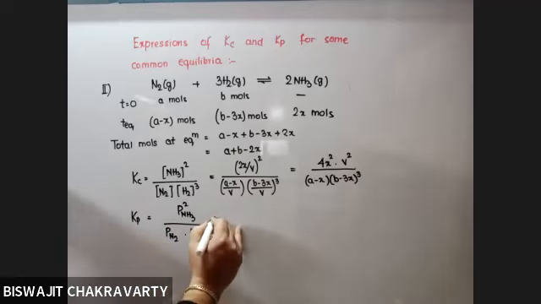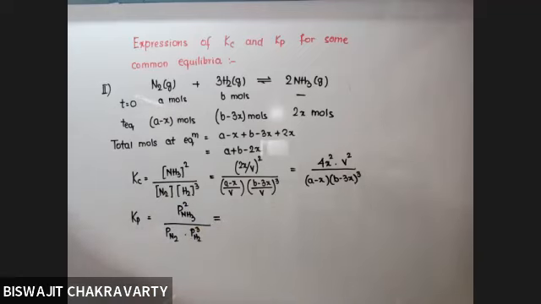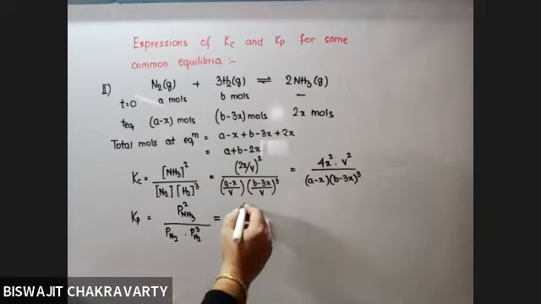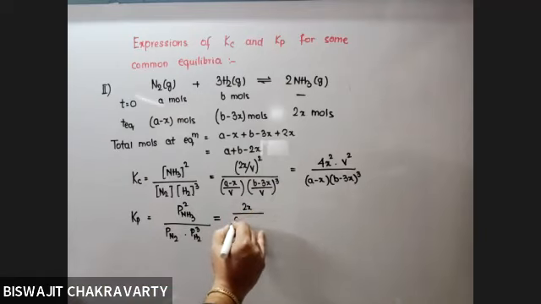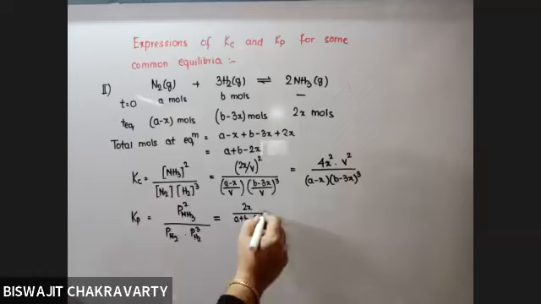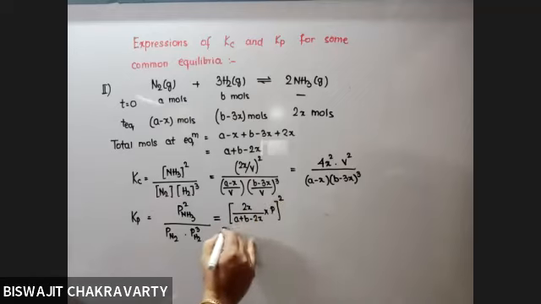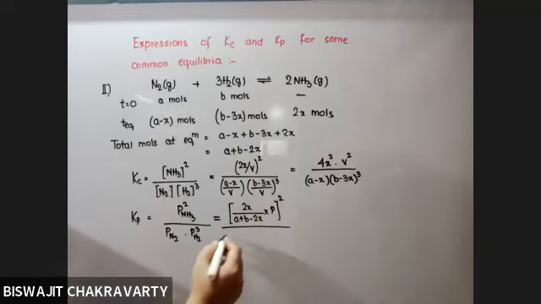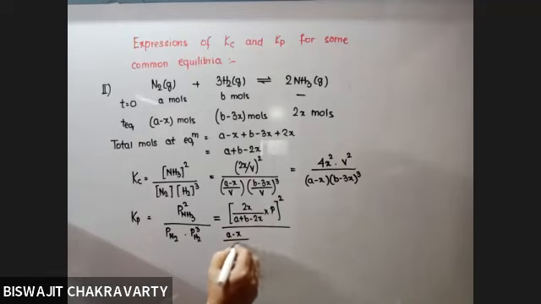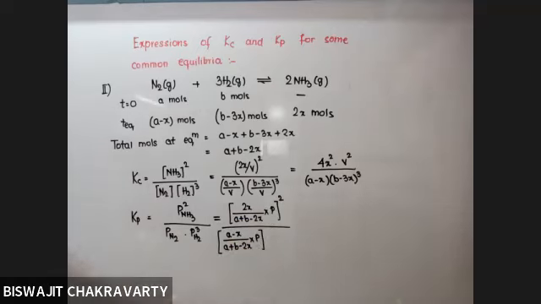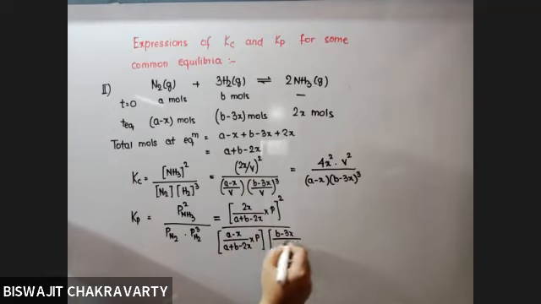The same way, in place of partial pressure, you will have to write mole fraction into total pressure. 2x by A plus B minus 2x into total pressure; A minus x, A plus B minus 2x into total pressure; B minus 3x, A plus B minus 2x into total pressure.